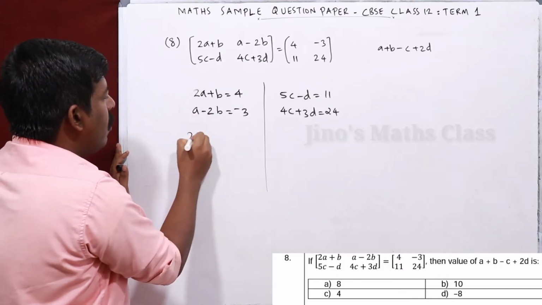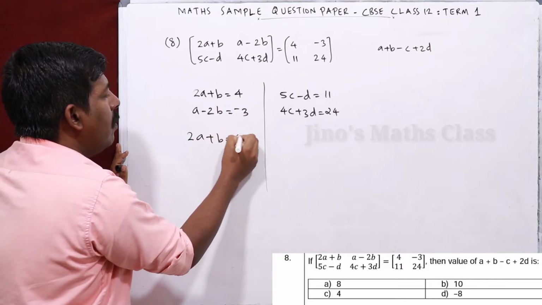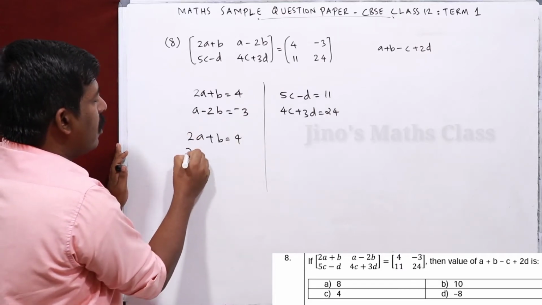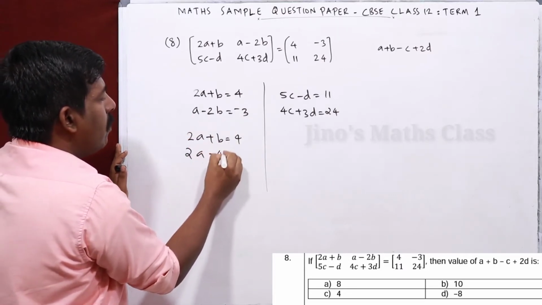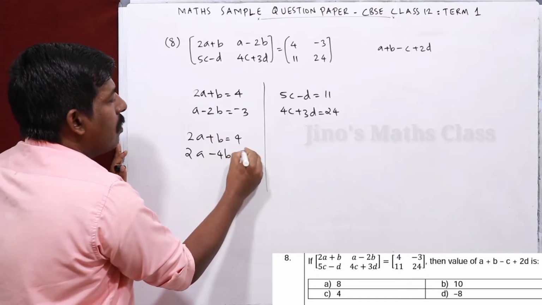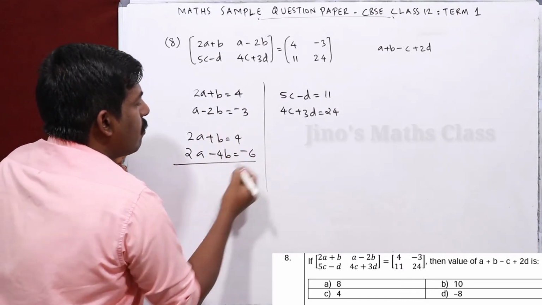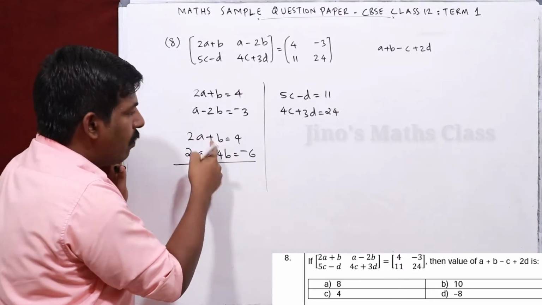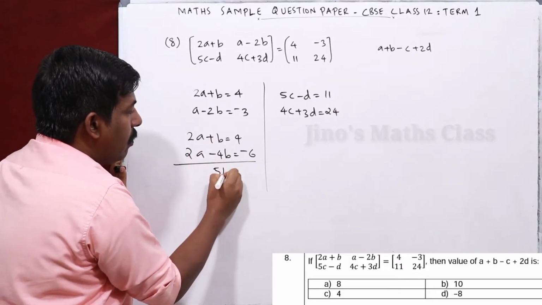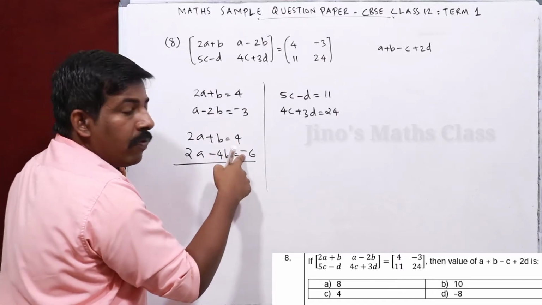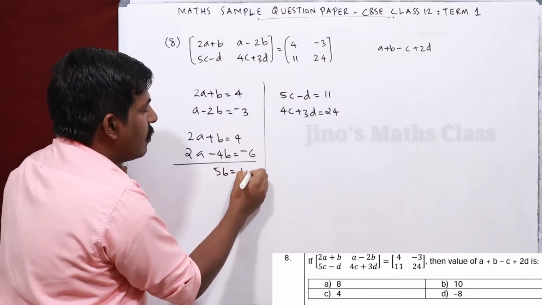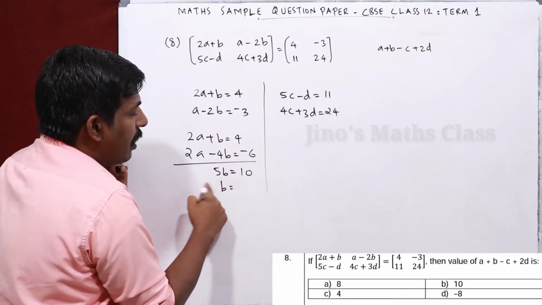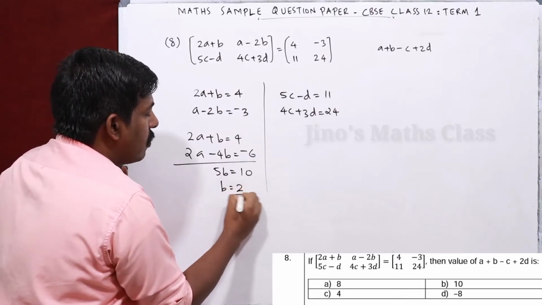So first is same only, so 2A + B = 4, but second equation times 2 means here it is 2A, here it is −4B, that is equal to −6. Here we can subtract, so we will get 1B minus of −4B means 1 + 4B, that is 5B, that is equal to 4 minus of −6 means 4 + 6, that is 10. So here we will get the value of B as 10 by 5, or it is 2.